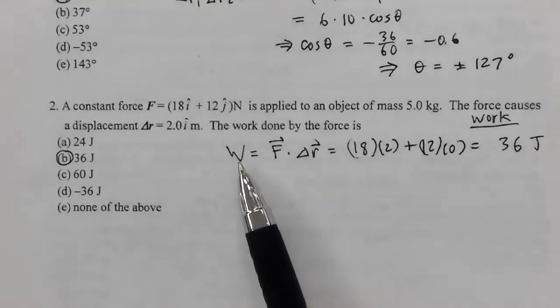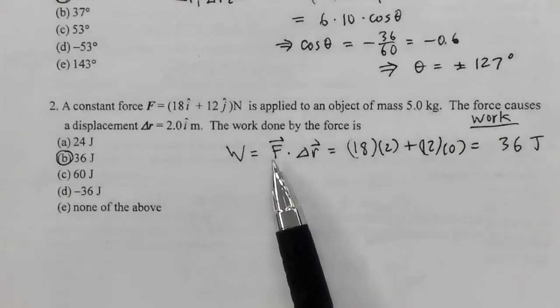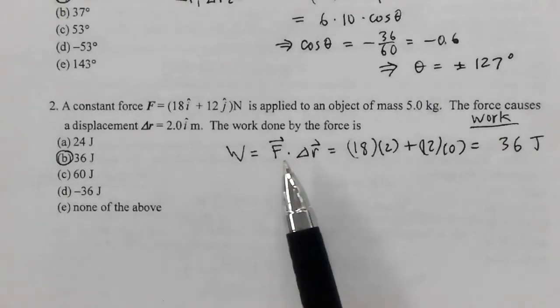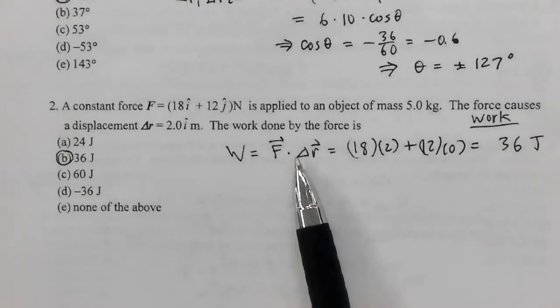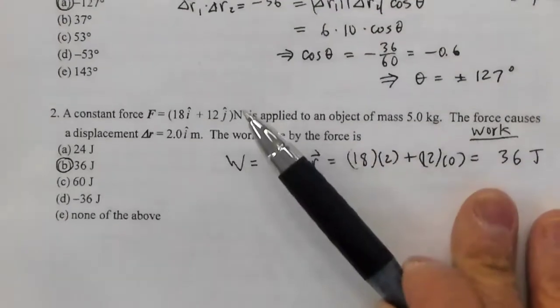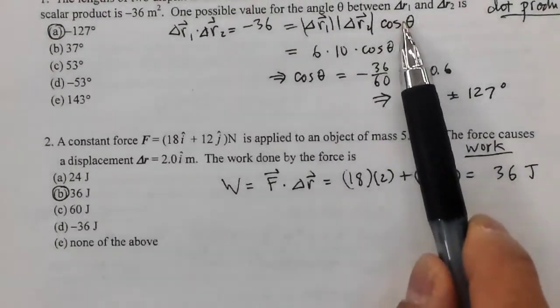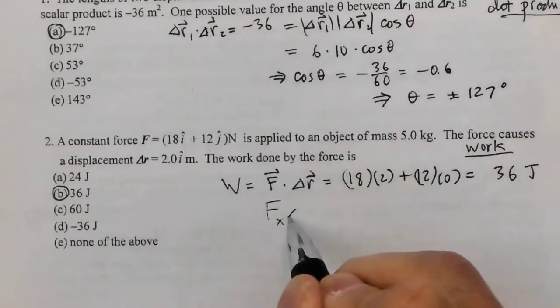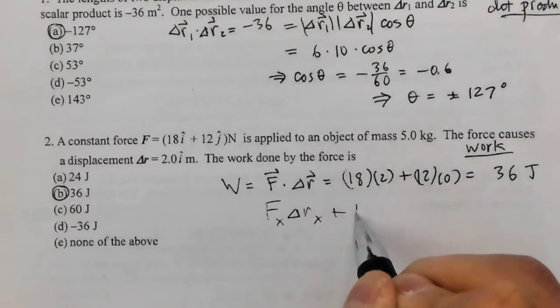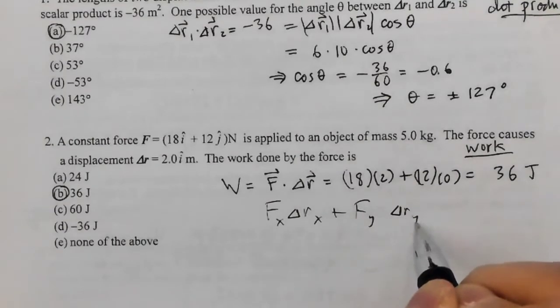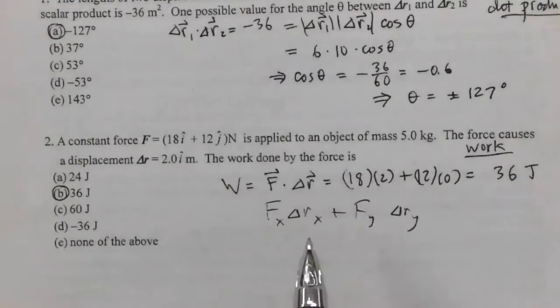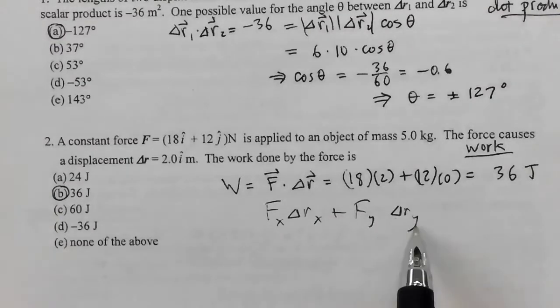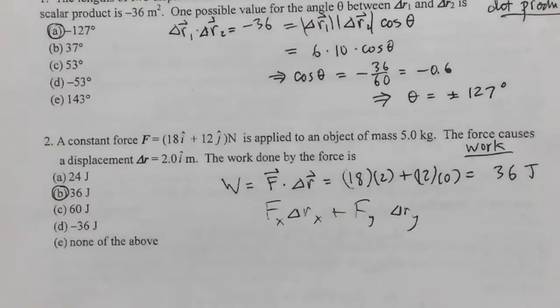Okay. So the work done by a constant force is F dotted with the displacement delta r. We have the formula for the dot product in terms of cosines of angles, but we also have the formula that it's going to be Fx delta Rx plus Fy delta Ry. You multiply the x components together, you multiply the y components together, and you add them together.